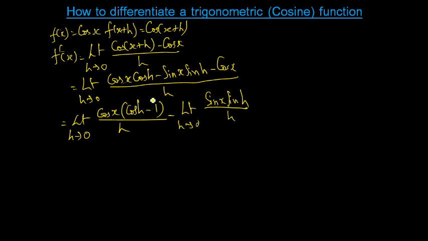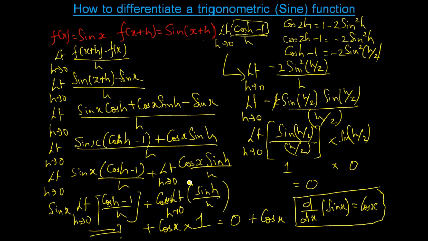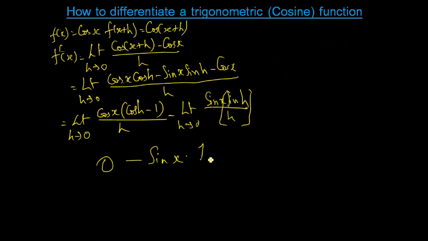Now we just saw that cos h minus 1 over h was equal to 0, therefore this becomes 0, and sin x comes out, and it is the limit of sin h over h, which is 1, so times 1. Therefore, the answer will be negative sin x.